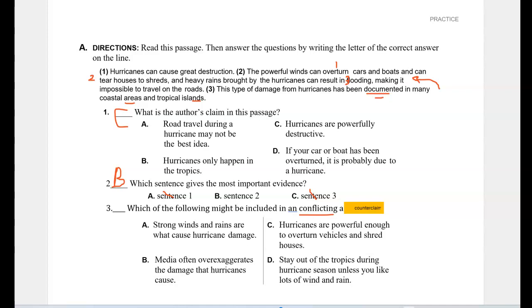So if we come down here, C, D, and B all add further support to great destruction. They're all supportive. Sorry, not B. A, C, and D all offer support. So B says, well, the media often exaggerates the damage that hurricanes cause, right? So that's going against this. It's a conflicting argument.